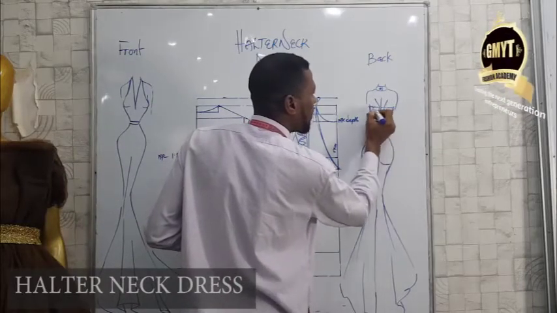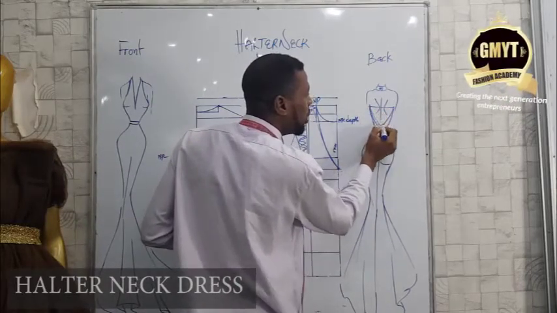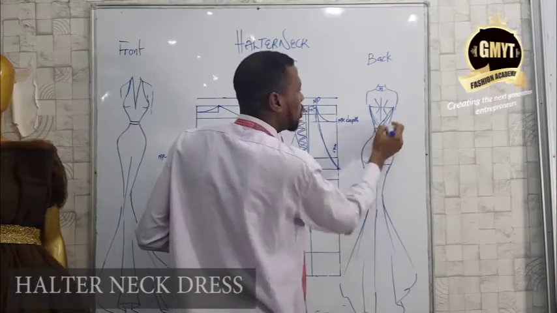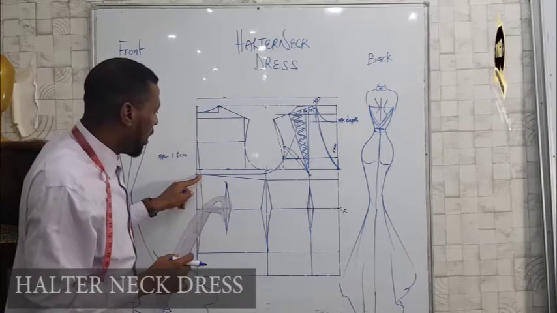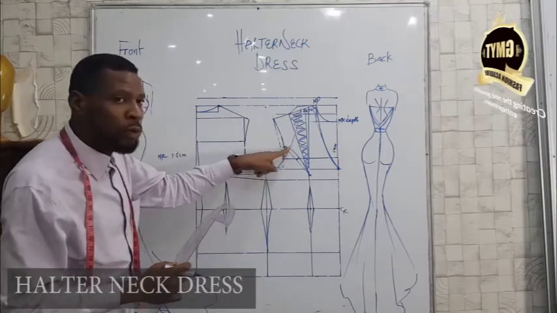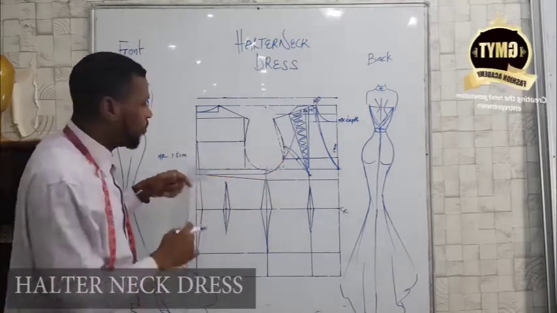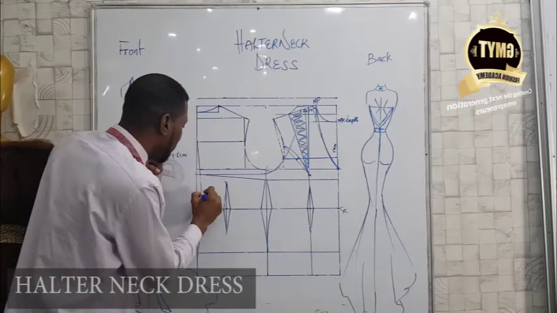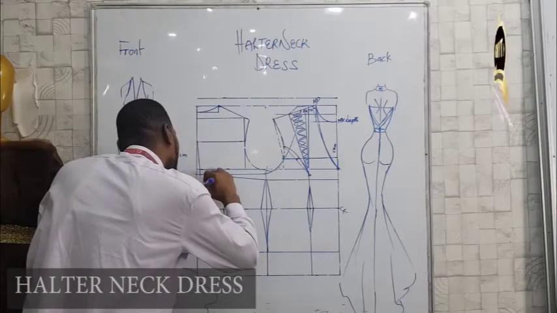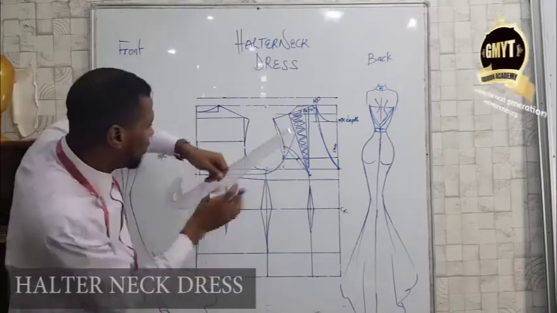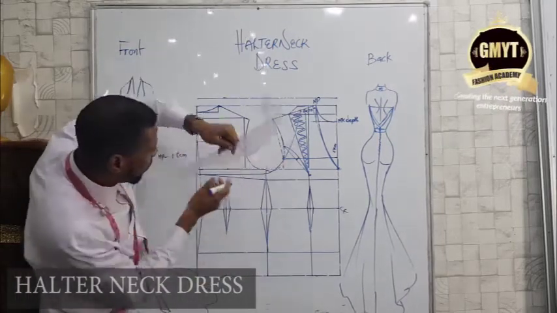here. When I want something that looks deep like this, what do I do? I come from this point where my continuation of the front links with the back. I can come down here like 6 cm or 7 cm per se. Let's say come down here 7 cm. Then from this 7 cm, you link.